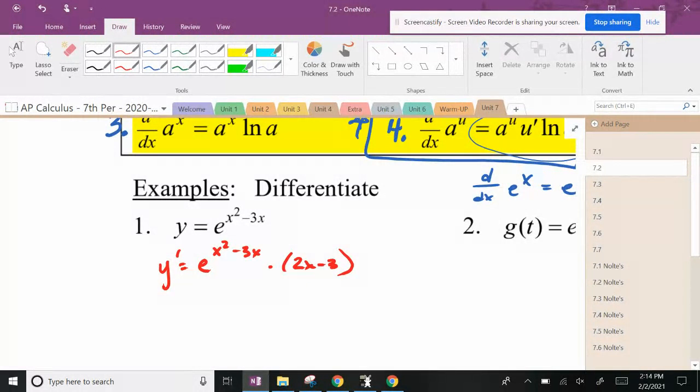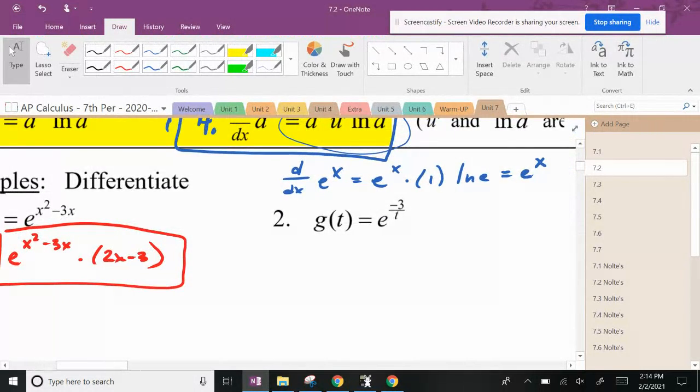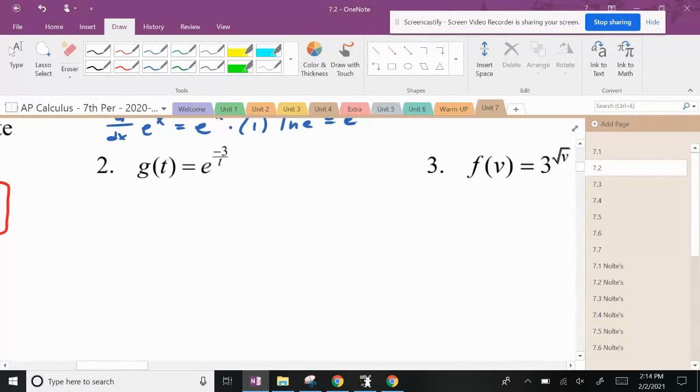How do you simplify that? Really, there's no other way to actually simplify that. You could distribute the e through, but that would be pretty silly. Usually, you just never touch anything that has a quantity on it. So parentheses. All right, that was pretty fun. Okay, let's try number 2.